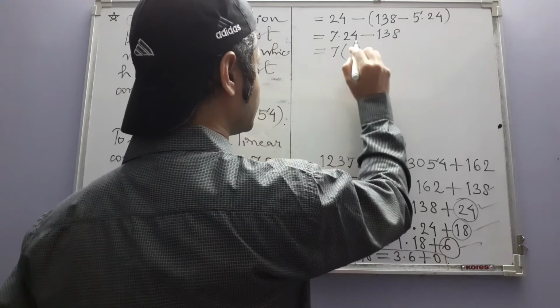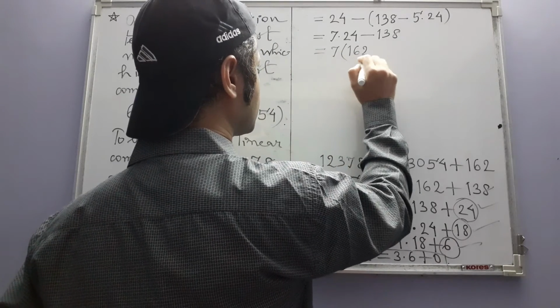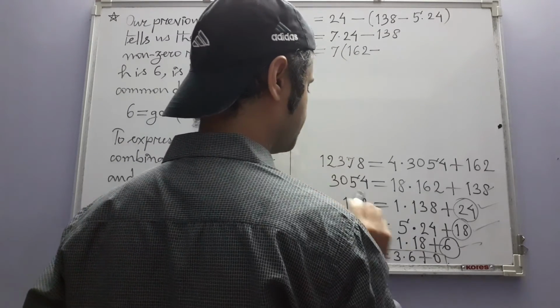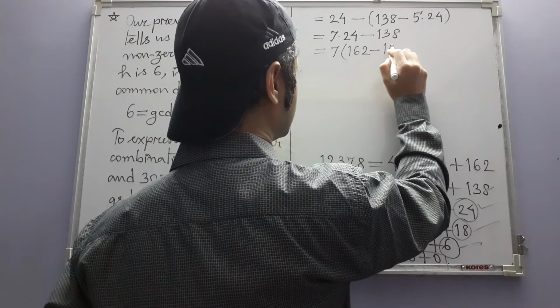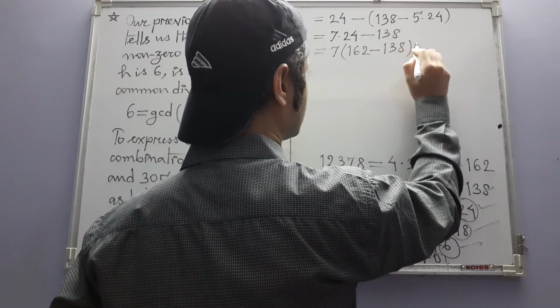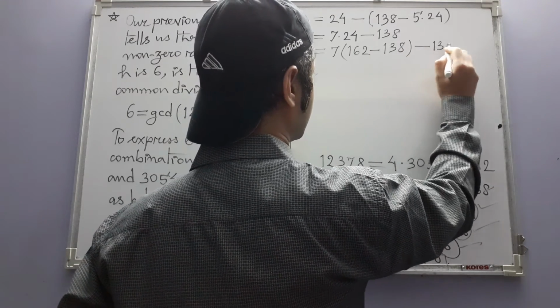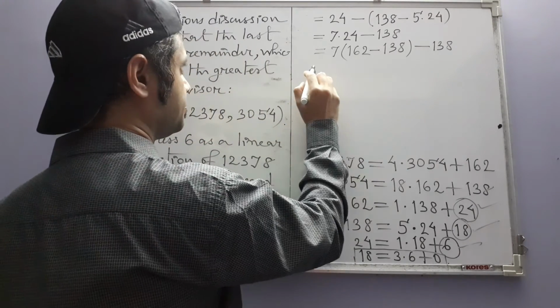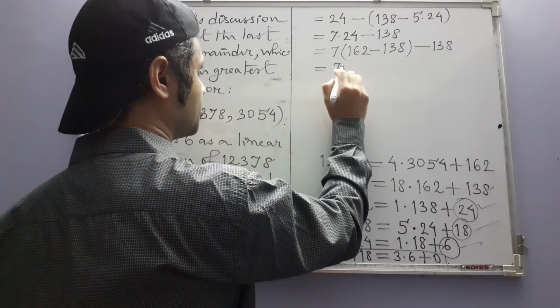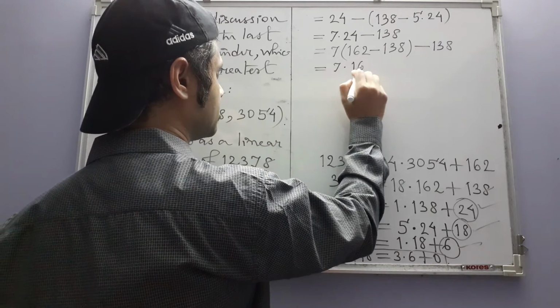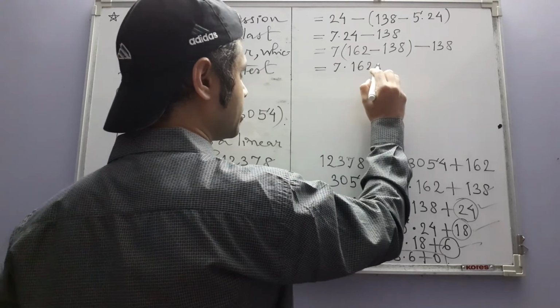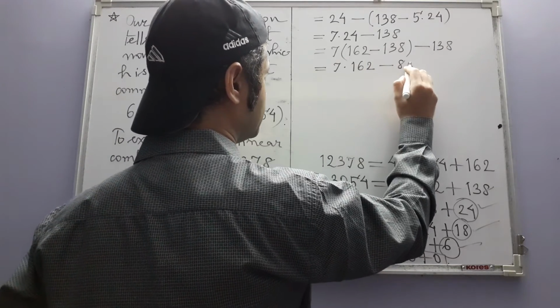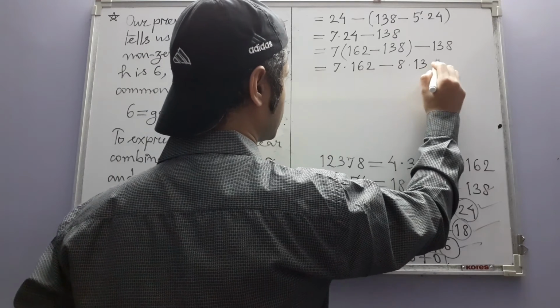So this is 162 minus 138. Minus outside we have 138. So this becomes 7 times 162. Minus 7 minus 1 is minus 8 times 138.